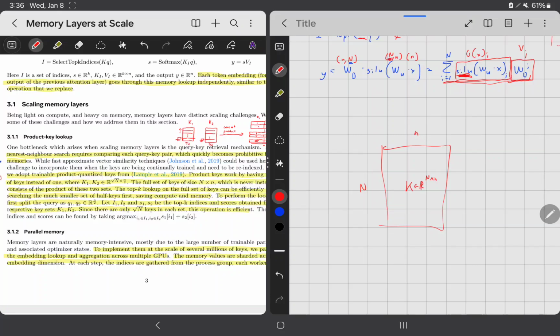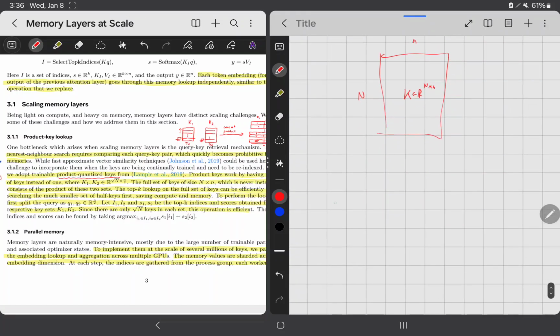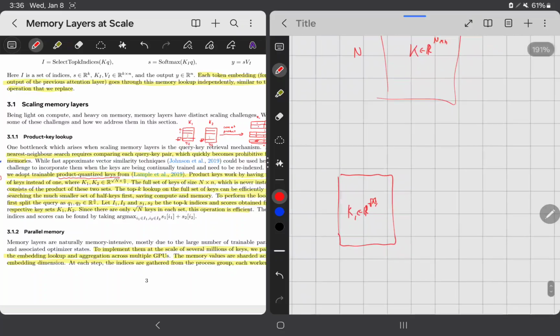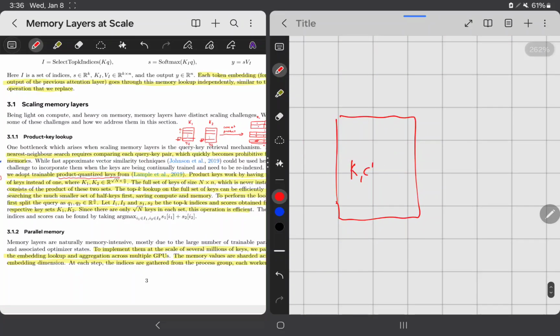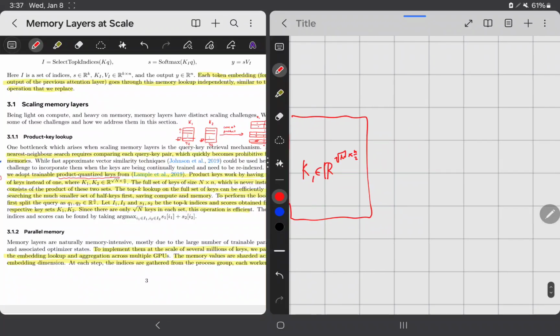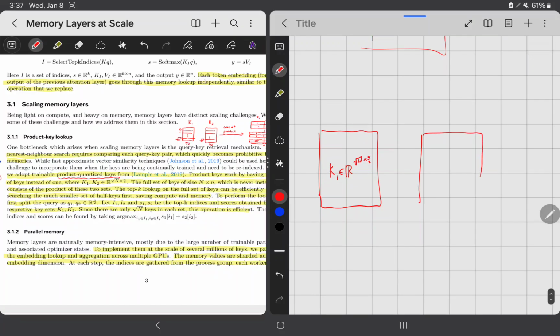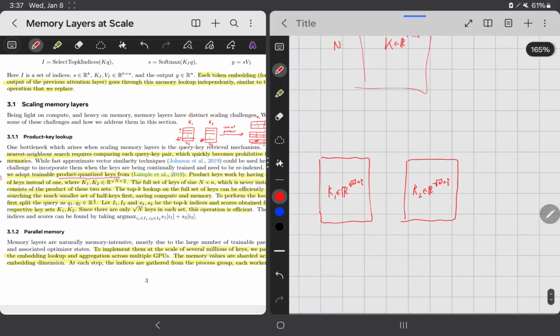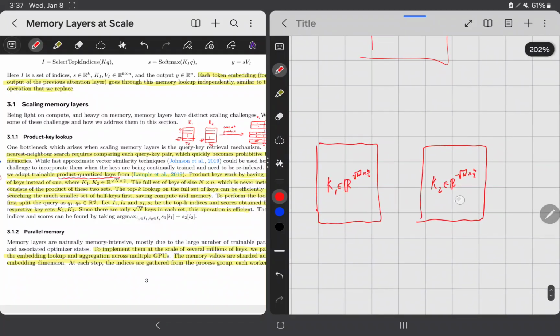The idea is from another paper called Product Quantized Keys, and what you can do is represent this as two matrices, in a kind of low rank format, where K1 is of shape root N by little n over 2, and K2 is also of shape root N by little n over 2, same format.